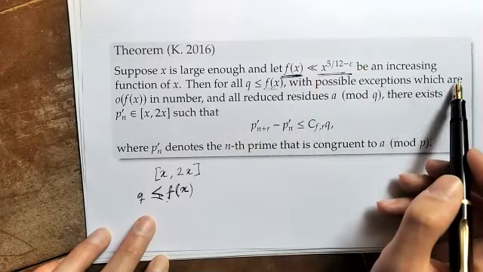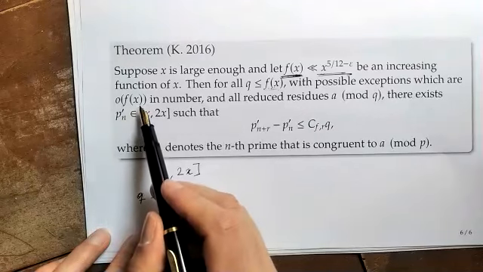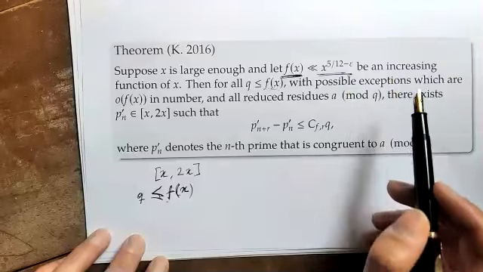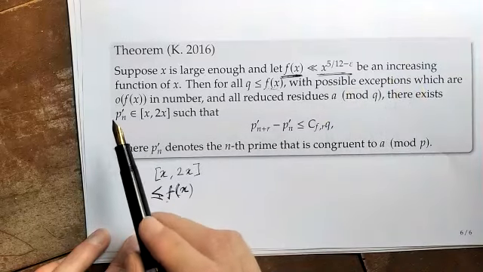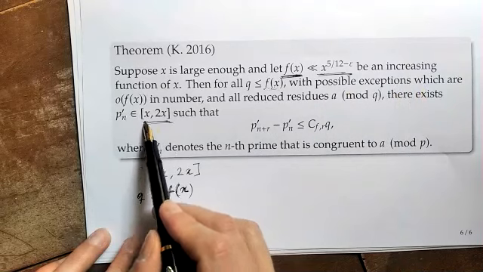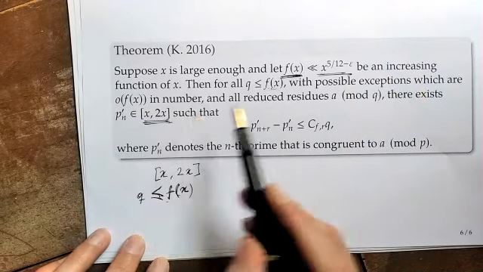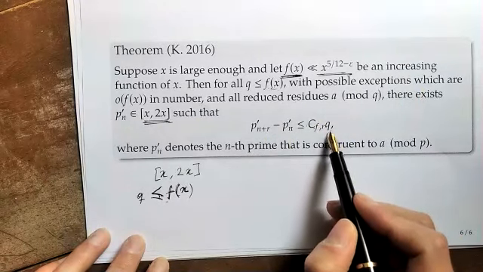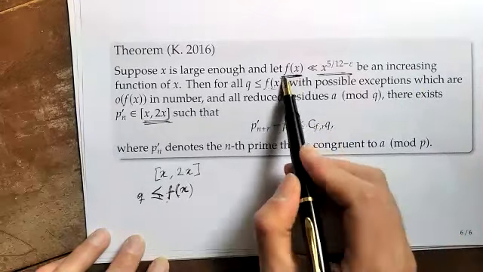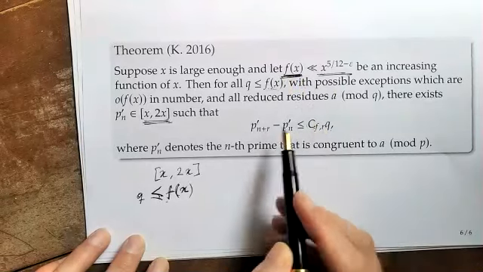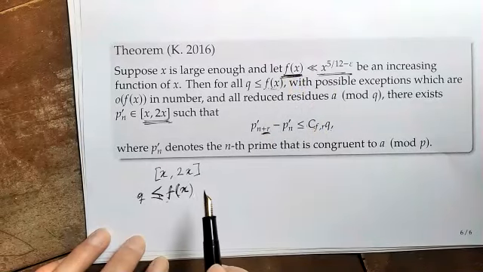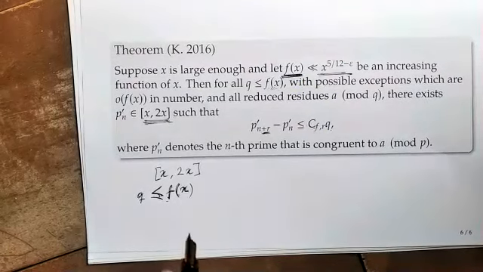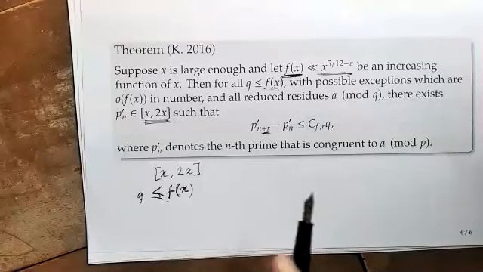You may admit exceptions, but they are a little of x. So this is valid for almost all moduli. Then you can find a prime here in the arithmetic progression you're interested in, such that their difference is at most a constant times the moduli. The constant, of course, depends on this bound and how many primes you want to find. So that was basically the generalization to arithmetic progressions of Maynard-Tao's results.